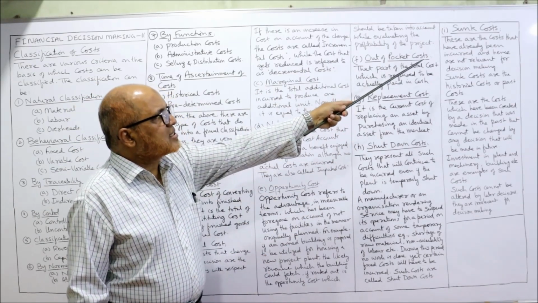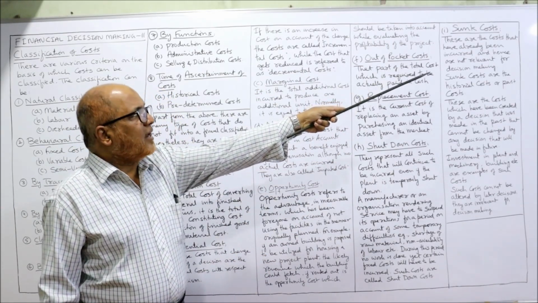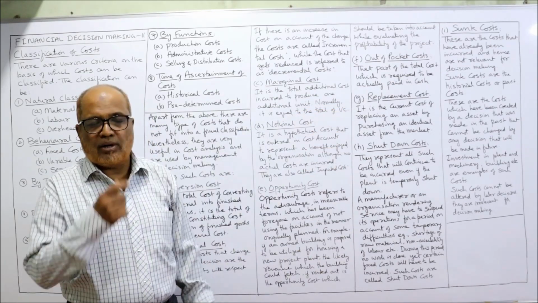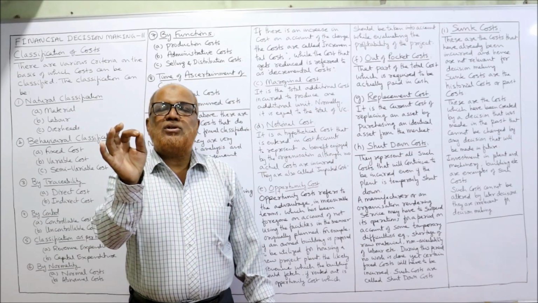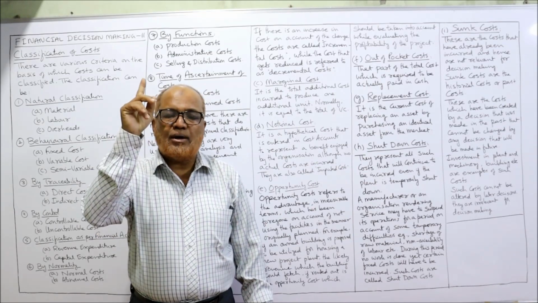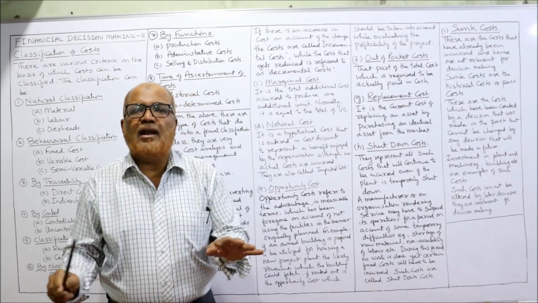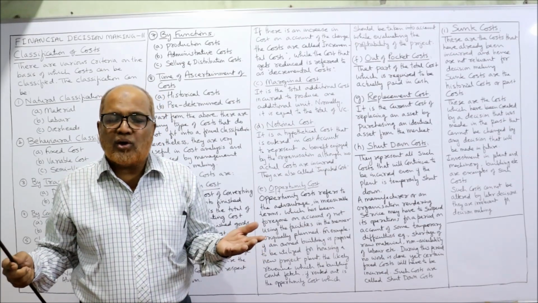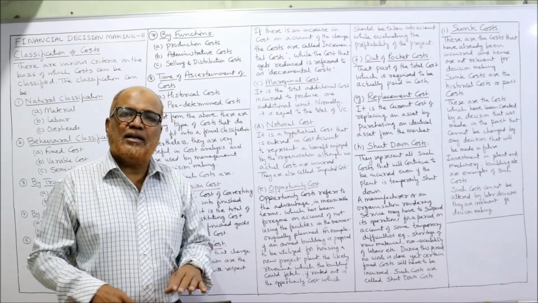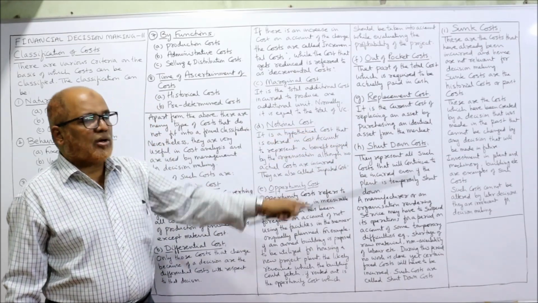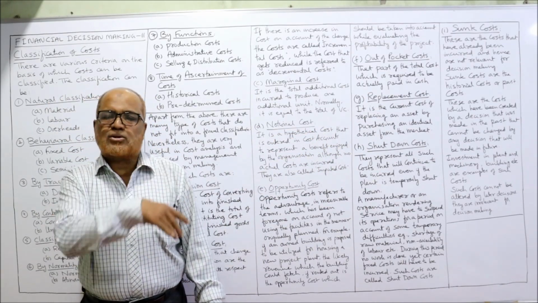So these are the costs that have already been incurred and hence are not relevant for decision making. So sunk cost is an already incurred cost in the past. For decision making purposes it is irrelevant because the management cannot change it. Sunk costs are also called historical cost or past cost.